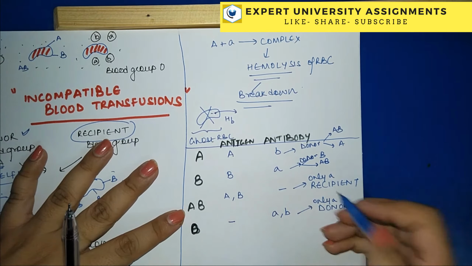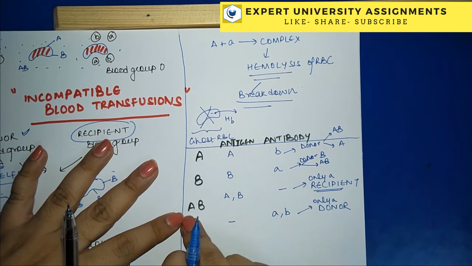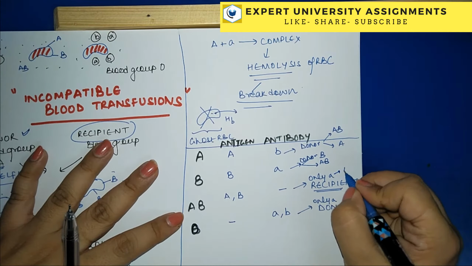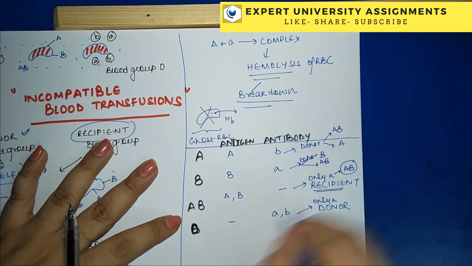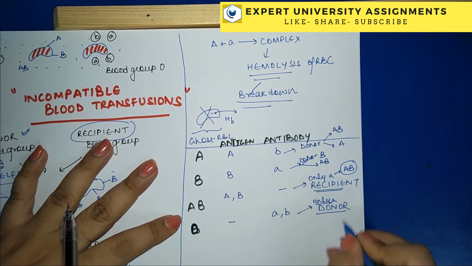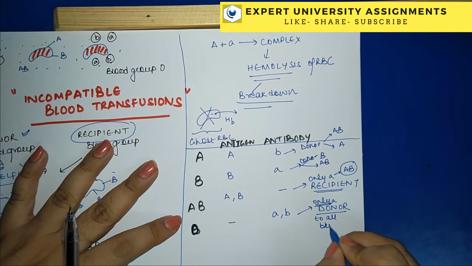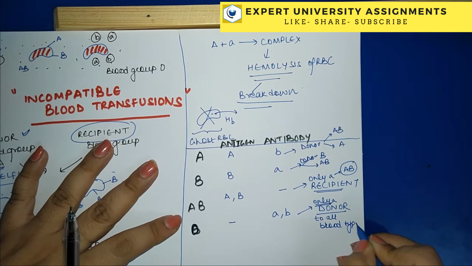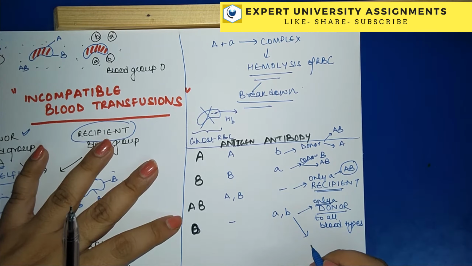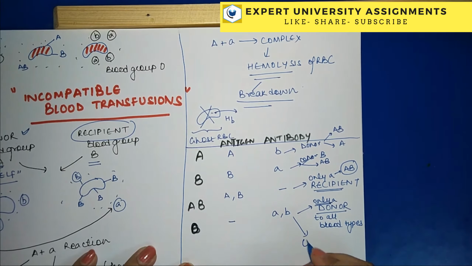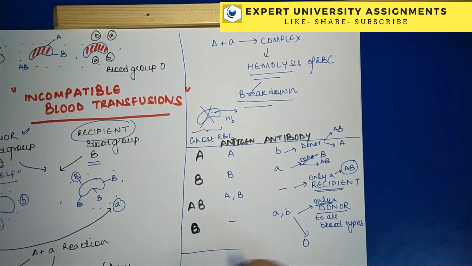And blood group AB acts only as a recipient to all the blood types and is only a donor to AB. And blood group O is only a donor to all blood types and it can only receive blood from blood group O. So this is very clear now.